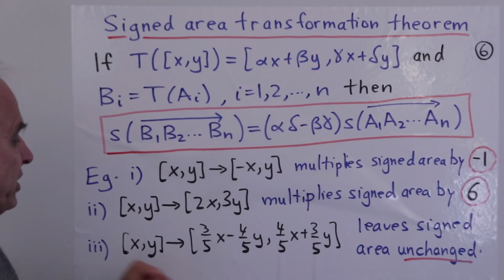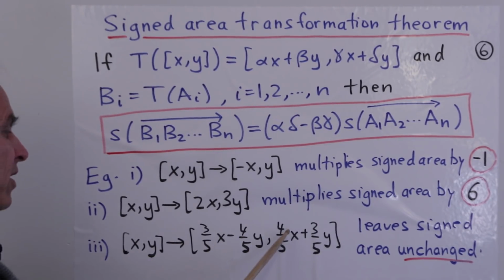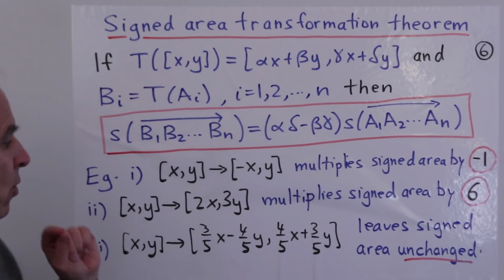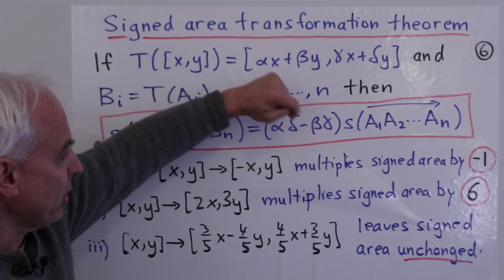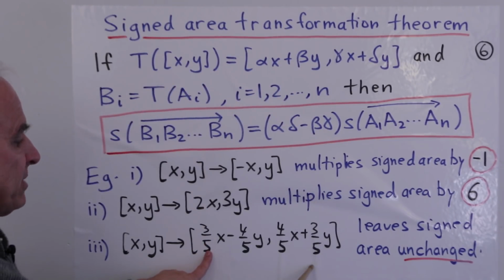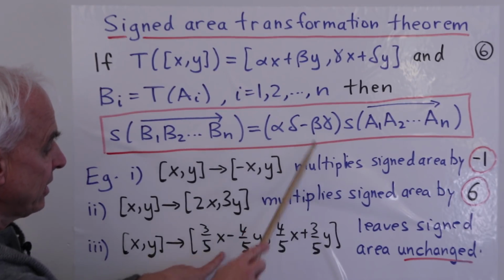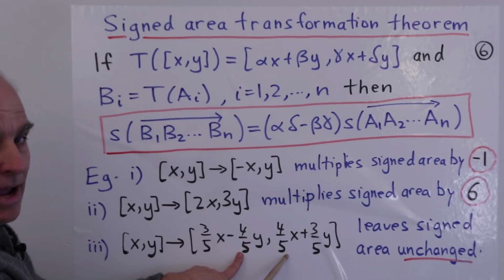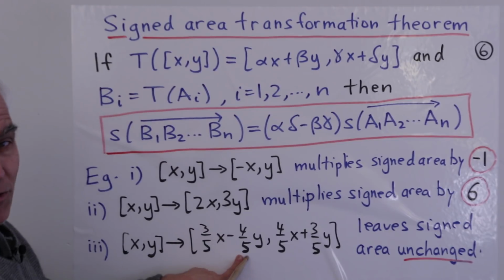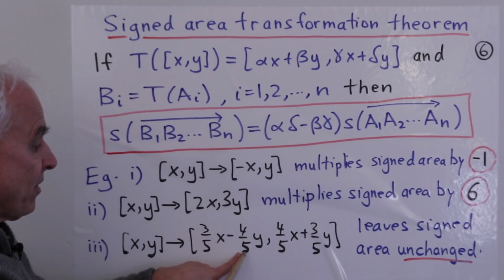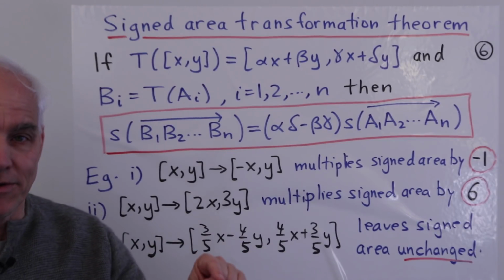And what about the rotation case? (x, y) goes to (3/5 x minus 4/5 y, 4/5 x plus 3/5 y). Well, what does the quantity look like? It's alpha times delta, so 3/5 squared, minus beta times gamma. Now beta is minus 4/5, so if we take minus beta times gamma, we get altogether 4/5 squared.